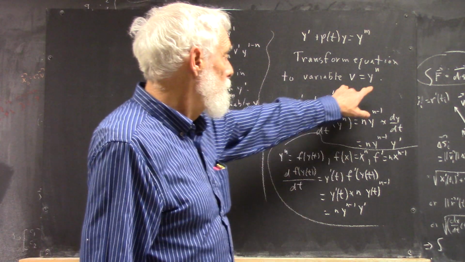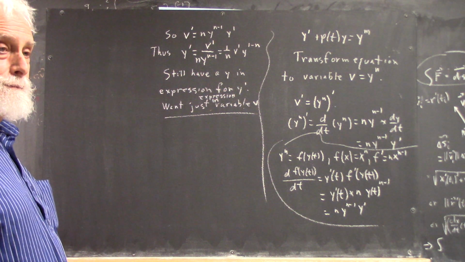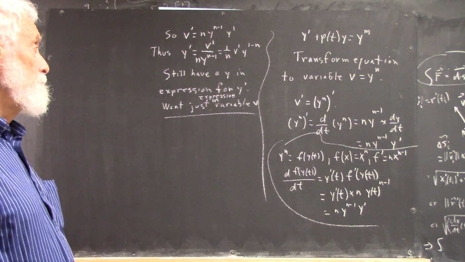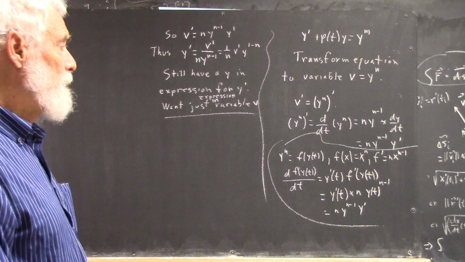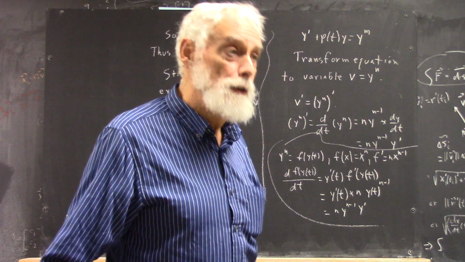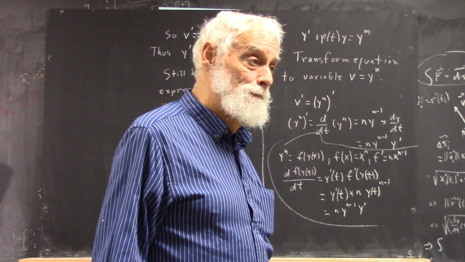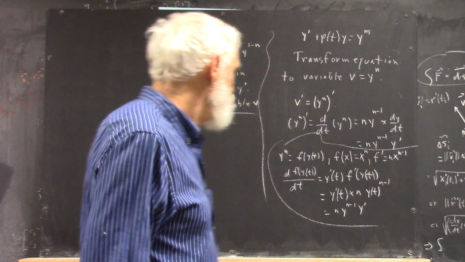Well, you've got a relationship between v and y here, right? Seems it would get more complicated. Maybe a little, but not much. I mean, if v equals y to the n, then what's y equal? V to the power of 1 over n. Yeah.